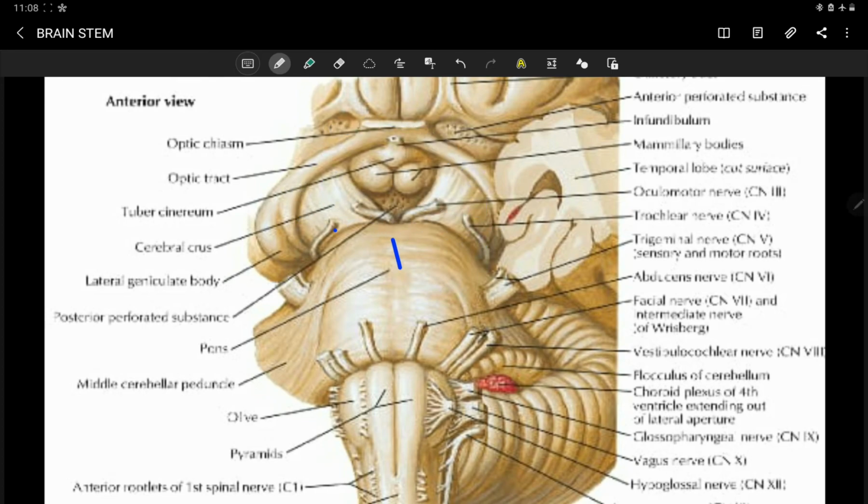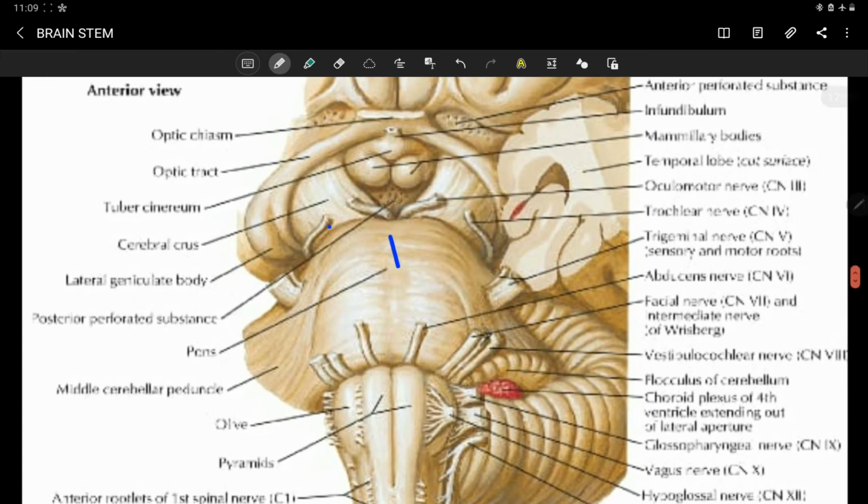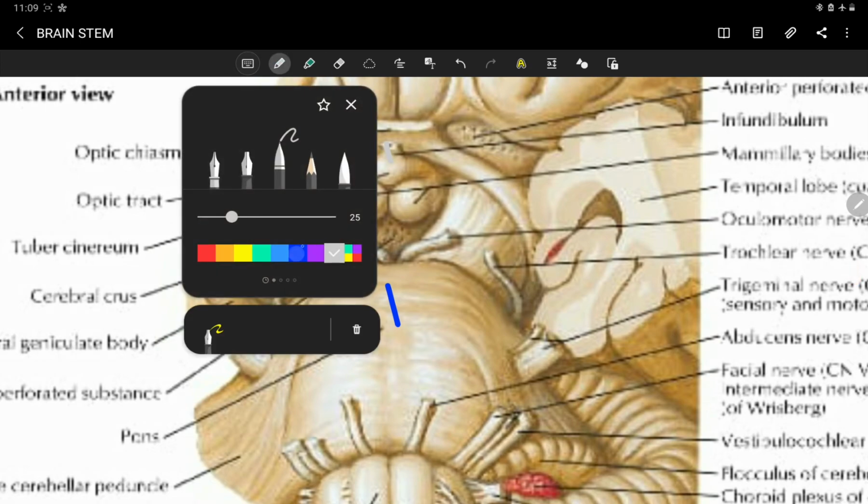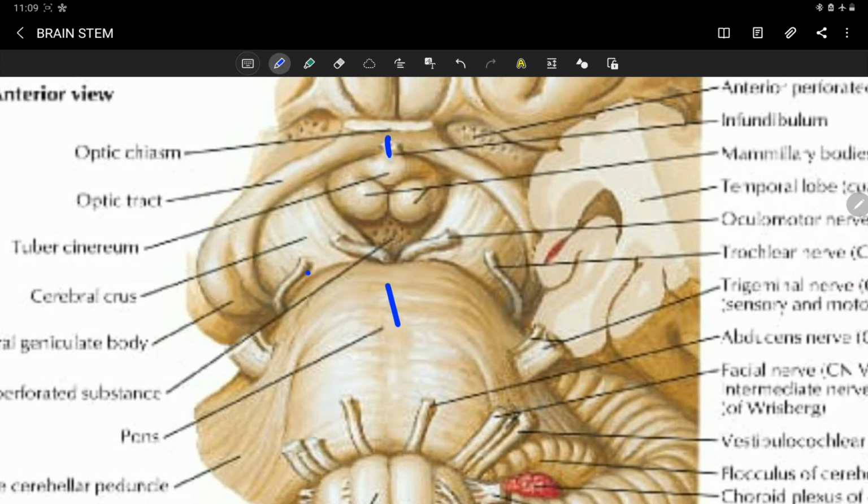So here I can see, first of all, the infundibulum.